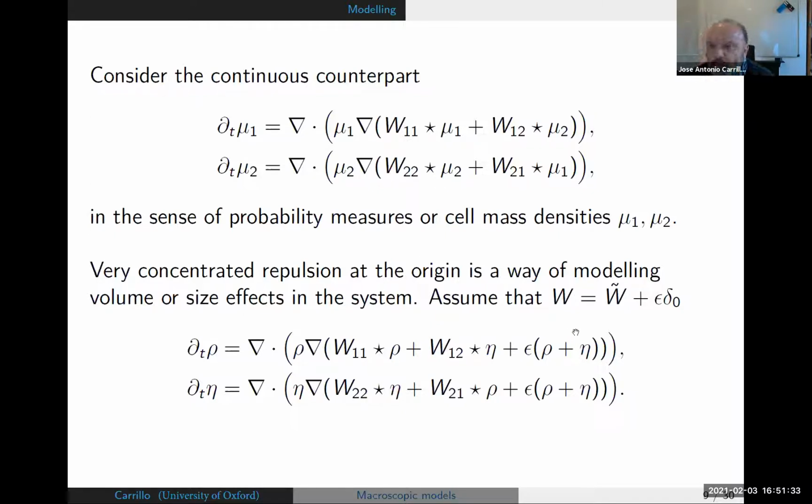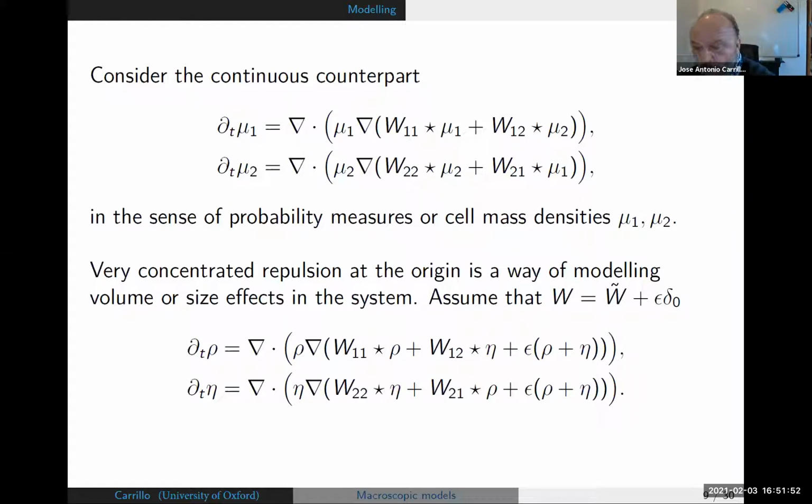So in fact, that's the way of interpreting this. And that's the term that is going to give me the volume filling, or the volume constraint, feature in the model. So I would refer to this kind of system as an aggregation diffusion system.